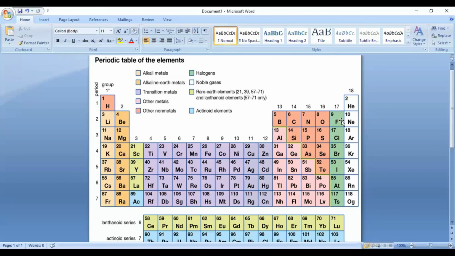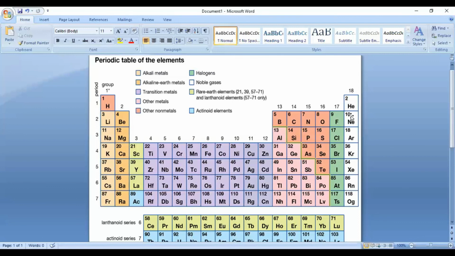Coming to the 17th group, right over here, we call it the halogen group, which includes fluorine, chlorine, bromine, iodine, and astatine. This group is called the halogens.